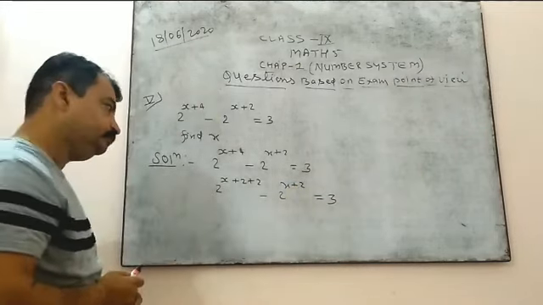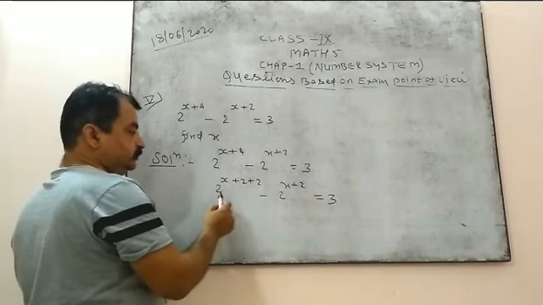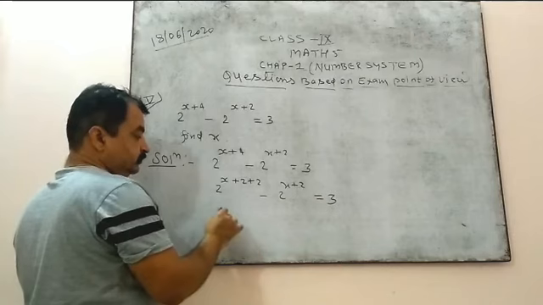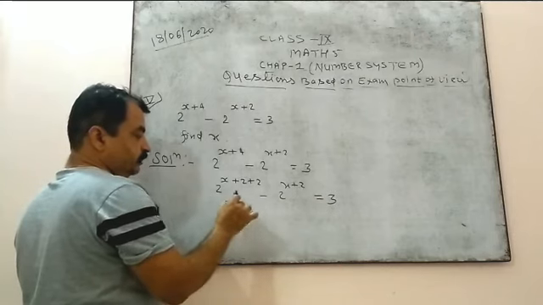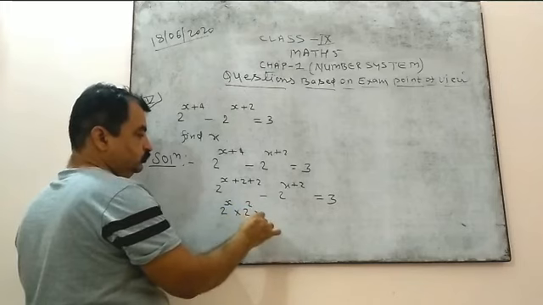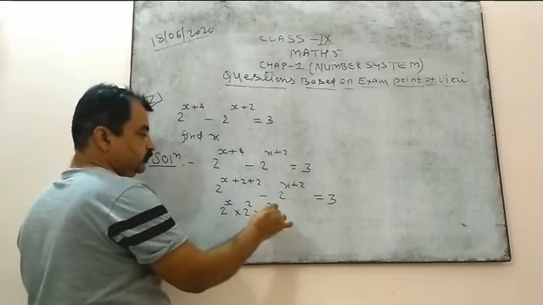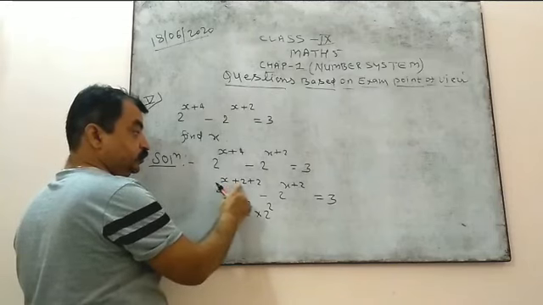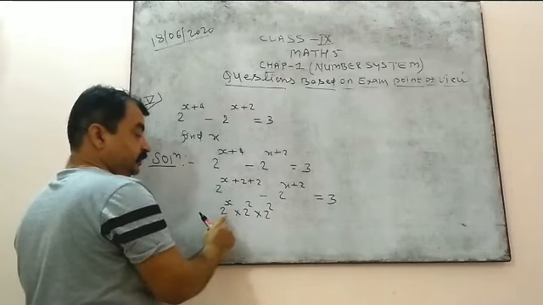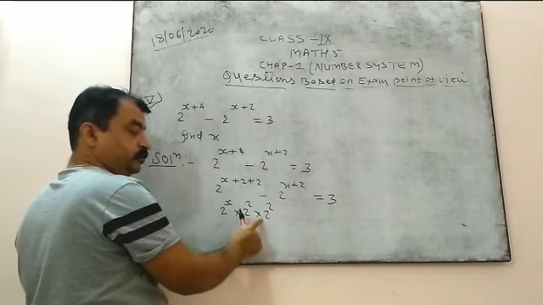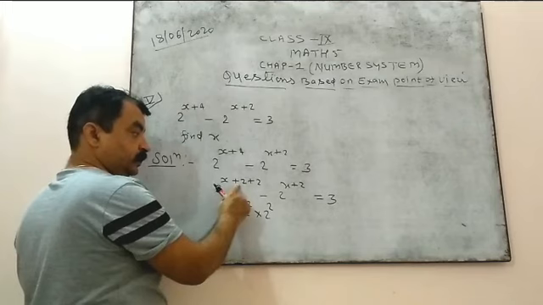Okay? Now, again you see, if you want you can make this part easier, that is 2 raised to the power x into 2 raised to the power 2 into 2 raised to the power 2. You know that when the base is common, 2 only, and between them there is the product sign, then you can add the power.